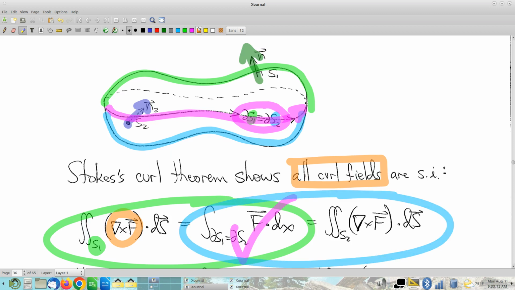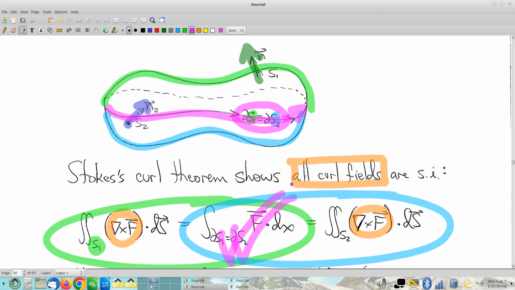Again, same integrand being the curl of a given vector field, and again, because they have the same boundary, we get the same resulting boundary line integral. So these two fluxes are the same because they're both computed by the exact same boundary line integral, because they have the same boundary. So that's why it works.